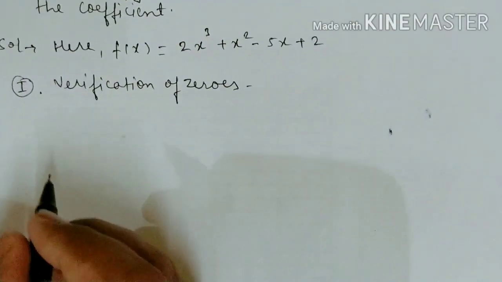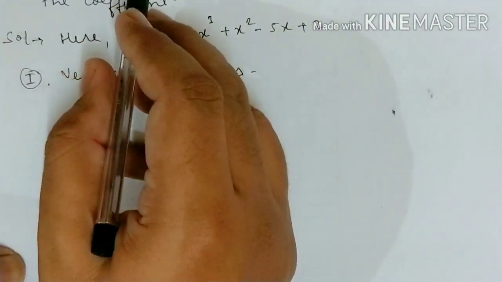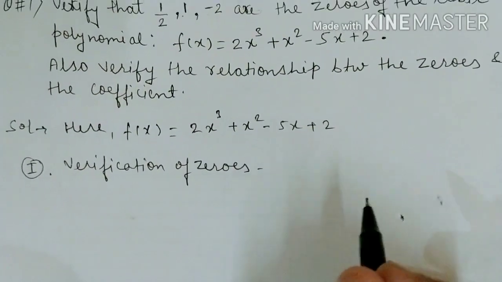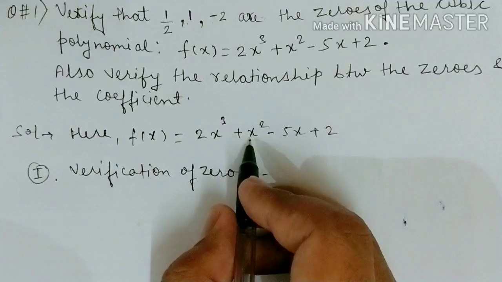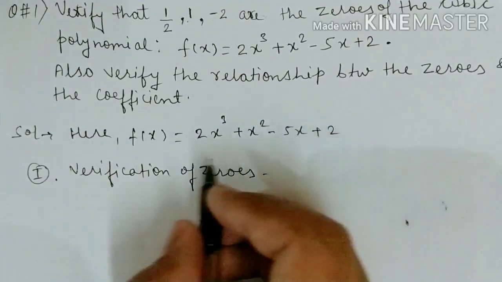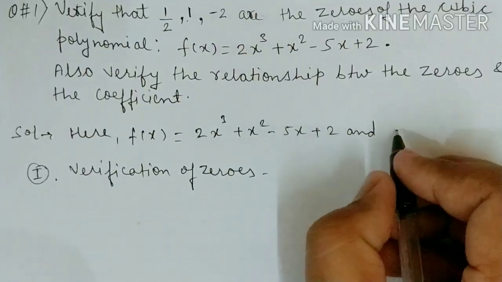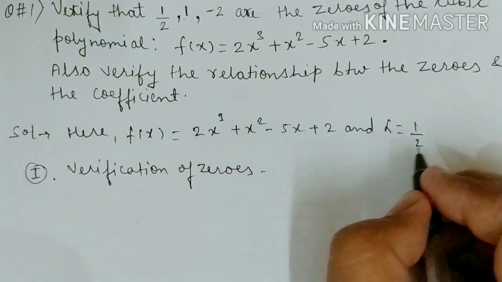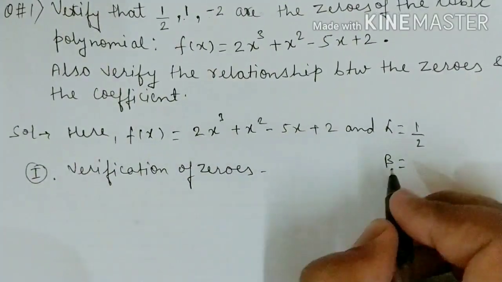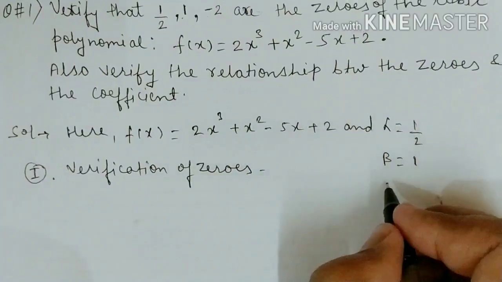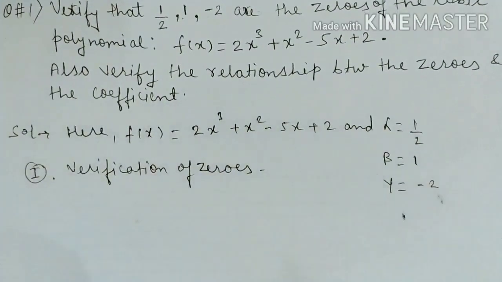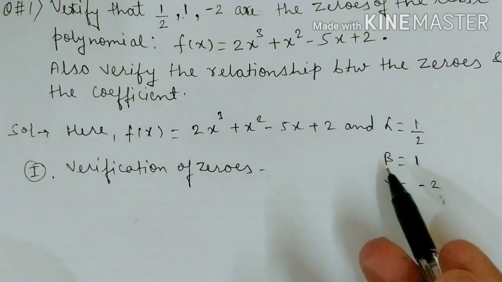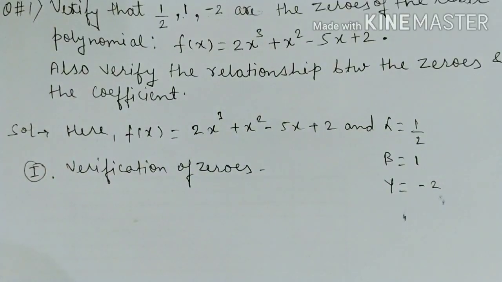Here f(x) is given as 2x cube plus x square minus 5x plus 2, and the zeros are alpha equal to 1 by 2, beta equal to 1, and gamma is given as minus 2. Three zeros are given, and in a cubic polynomial the zeros are alpha, beta and gamma. So these three values are already given.